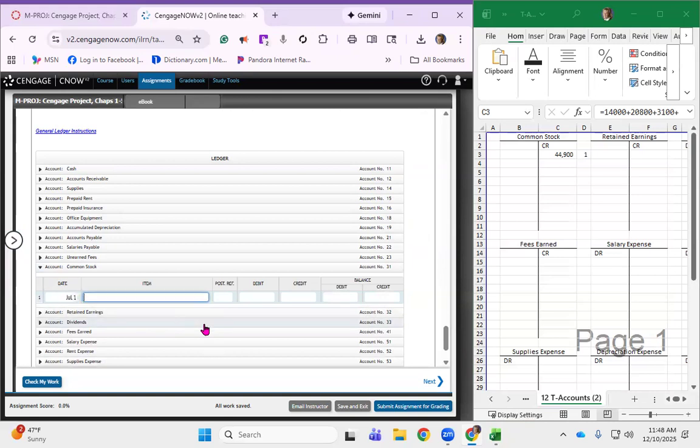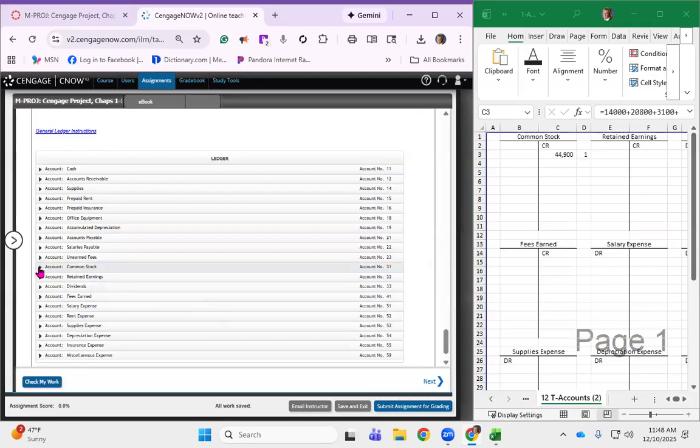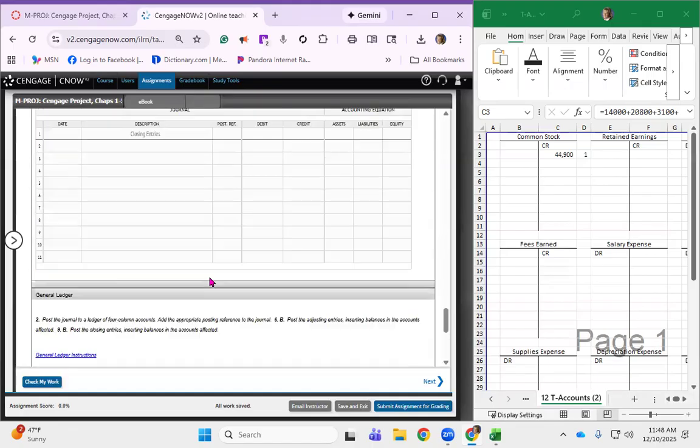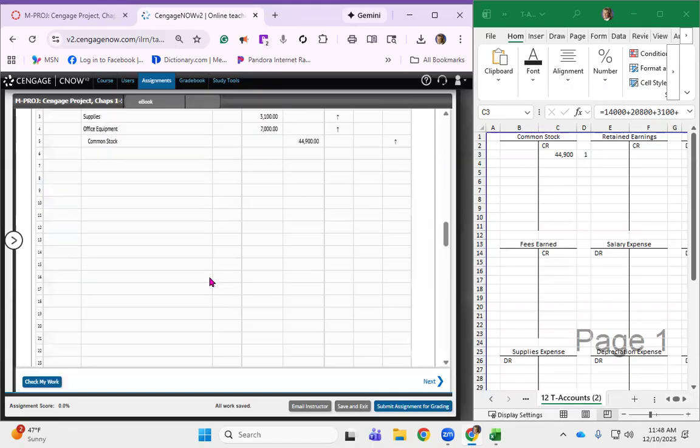So July 1st, post reference page 1 of the general journal. This is going to be a credit of $44,900, and the new balance is $44,900. Close it.